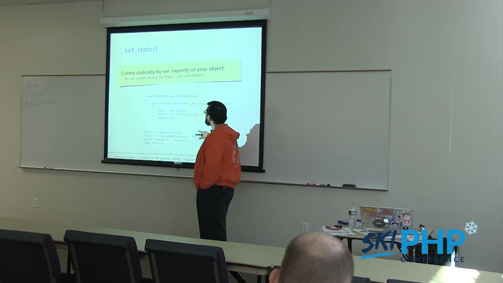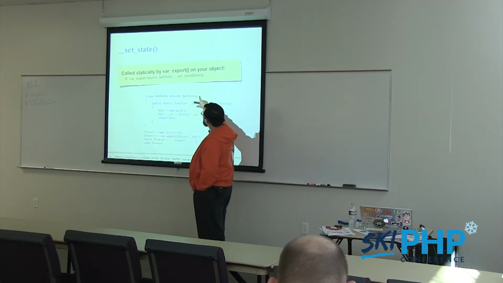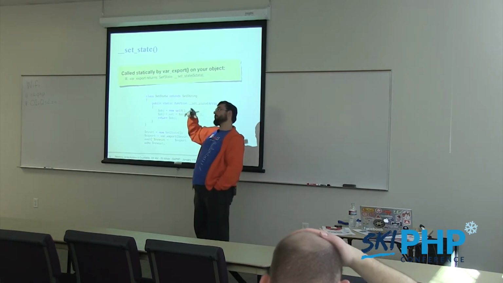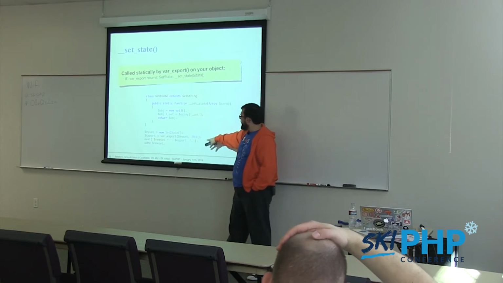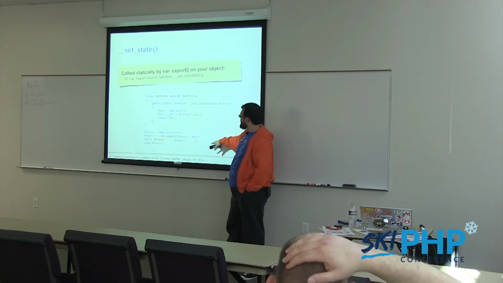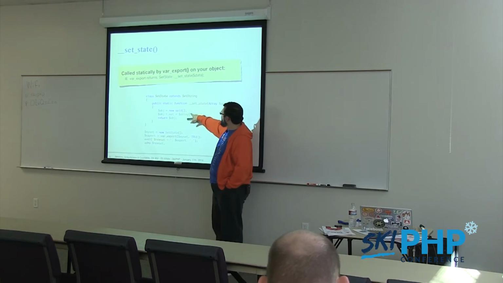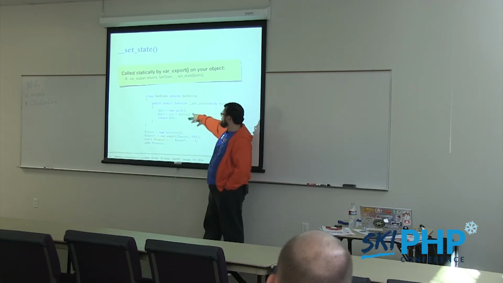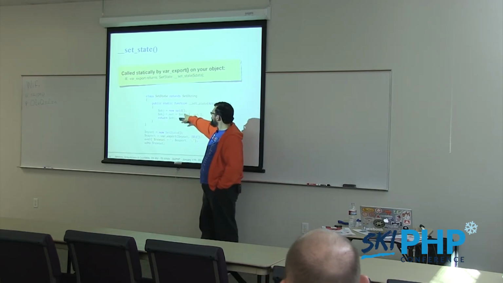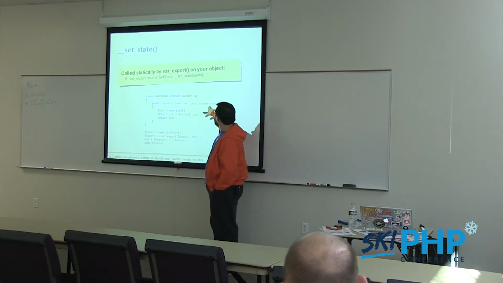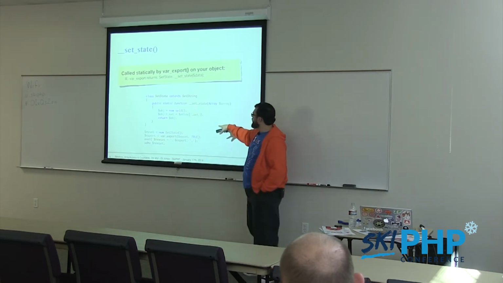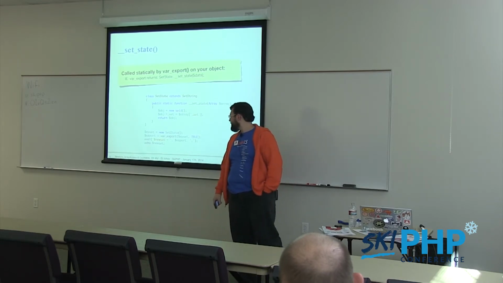So you're basically able, whenever var_export gets called, and again, it gets called statically, we're going to go in and create a new copy of ourselves, and we're going to set our state to this array that was passed in.